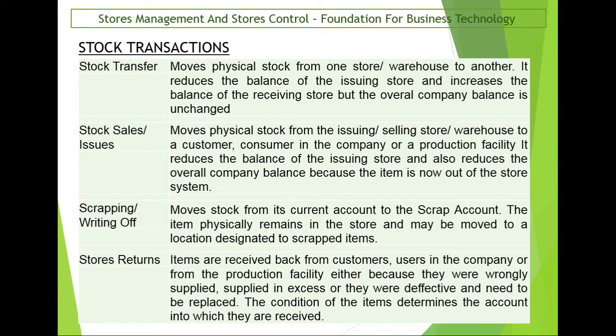You can write it off and scrap it from goods inwards straight into the scrap account. An item could be in the free goods account or in the goods for sale account. Something happens to it and it needs to be scrapped. So the scrap account can receive goods from different accounts within the system.